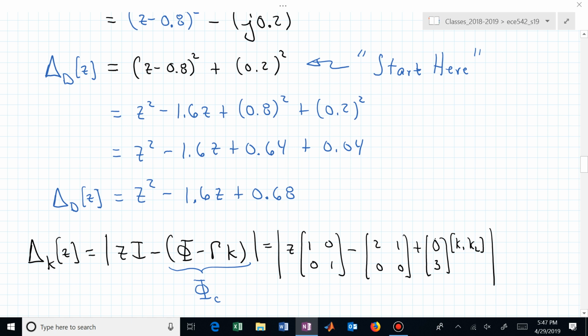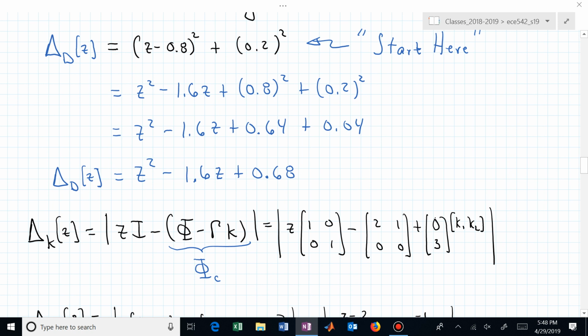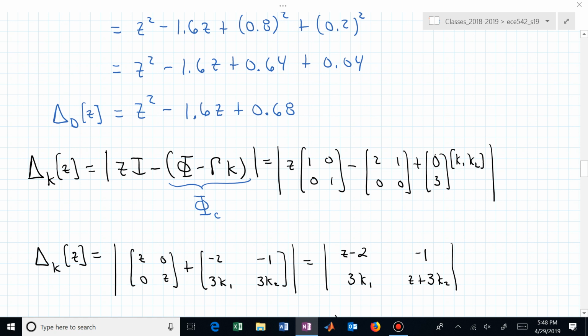We now have zI minus capital phi sub c. Capital phi sub c is the closed loop system matrix that is related to the open loop system matrix via phi minus gamma K. Plugging all of those values in for our specific example and combining gamma with K, we now end up with a 2x2 matrix that contains, sprinkled throughout, k1 and k2.